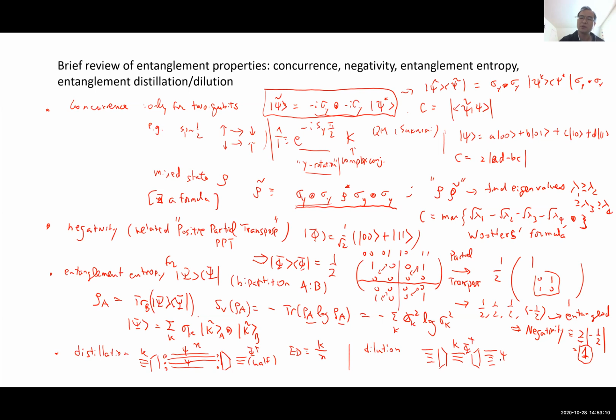So this will be half, meaning that this is entangled with the other part. Okay, suppose you can dilute into n of them, so this entanglement dilution, or sometimes also called entanglement cost, is the ratio k over n. Okay.